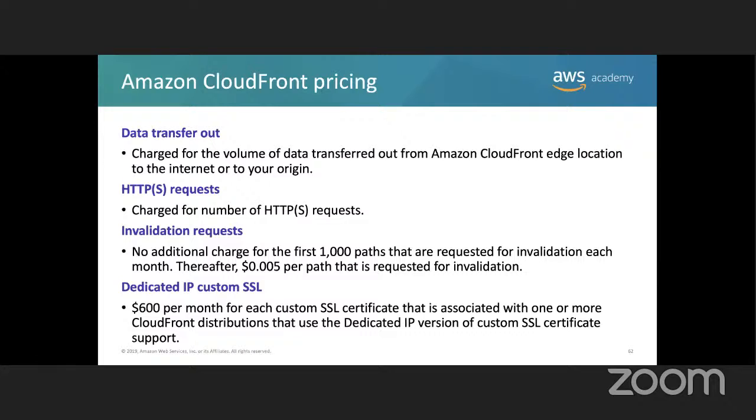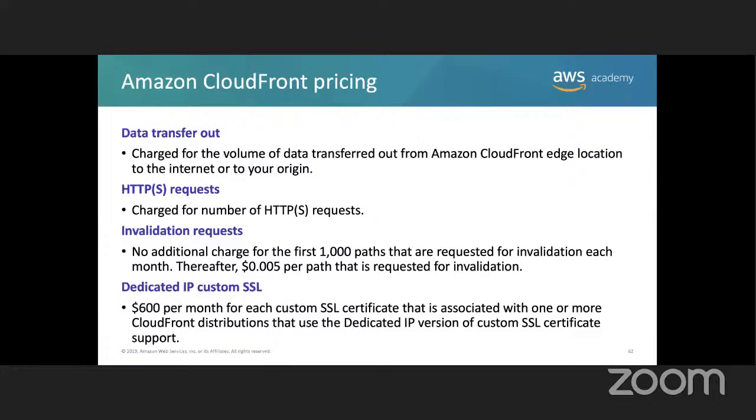Now, what is the pricing of this service? Well, you're going to be charged for transfer out. There are three main drivers for cost in AWS: compute, storage, and transfer out.